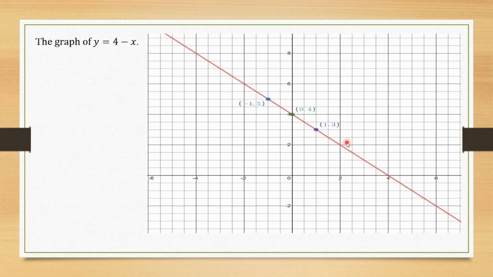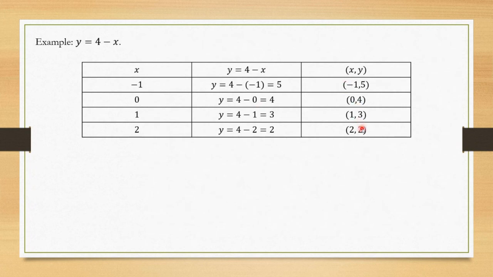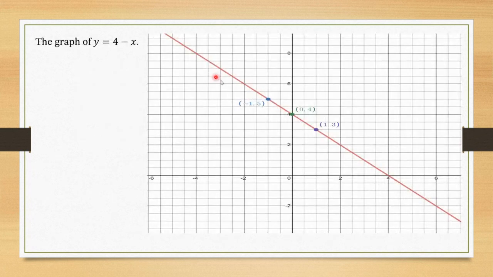You plot some of the solutions, right? I mean, with Desmos and stuff, you could plot a lot more than 4. You could plot probably hundreds or more, I'm guessing. But anyway, you connect them and you get the graph. So, of course, the more points you plot, the more accurate your graph is going to look.